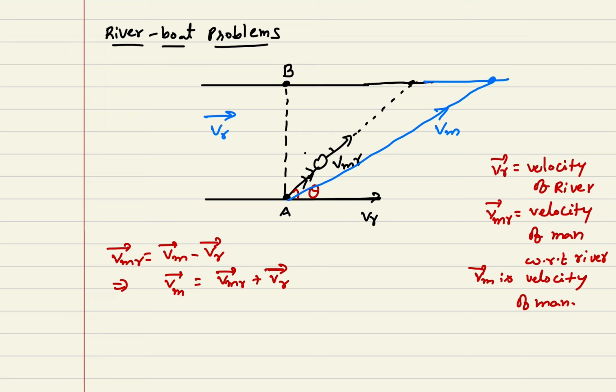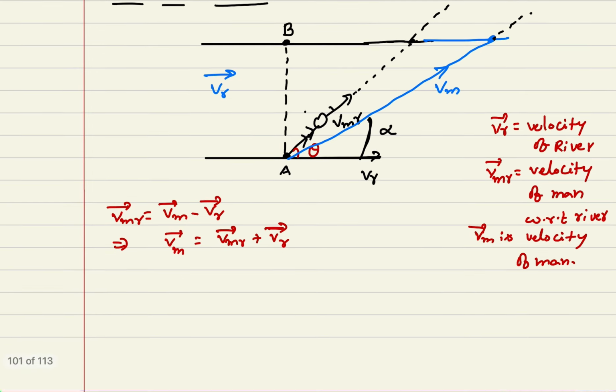If any person is moving with respect to the river like this, the velocity of the man with respect to the ground will go in another direction. He is making an angle alpha with the horizontal direction, like the velocity of the river. By using this, we can write its components like this.